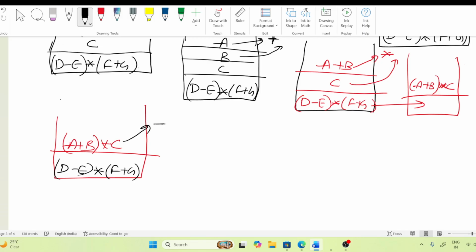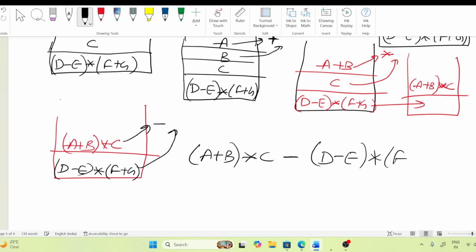So this will come this side and this will come this side. So I will write over here A plus B into C minus D minus E multiplied with F plus G.